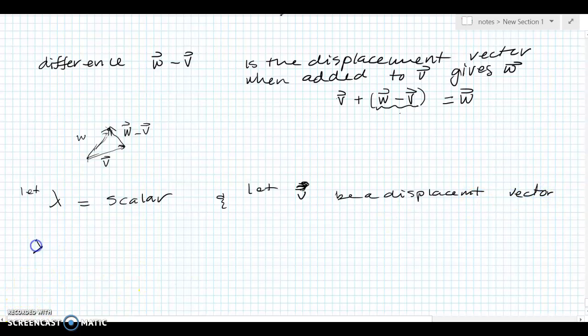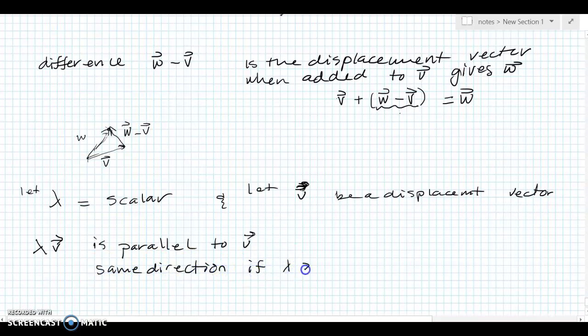Then lambda V is parallel to V. It's got the same direction if lambda is greater than 0 and opposite direction if lambda is less than 0.